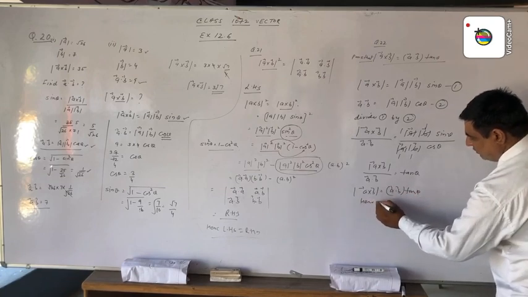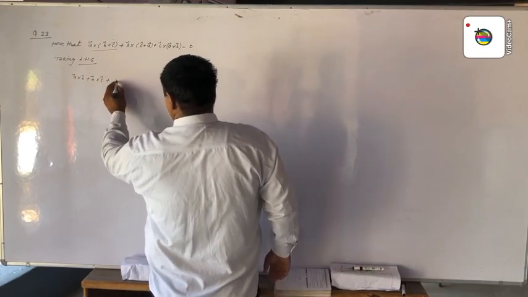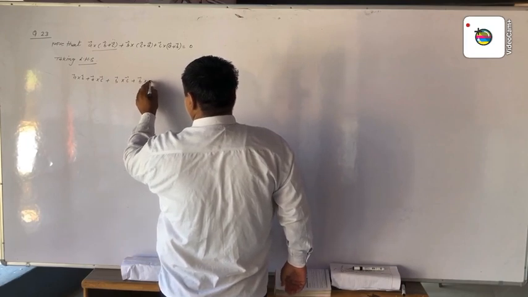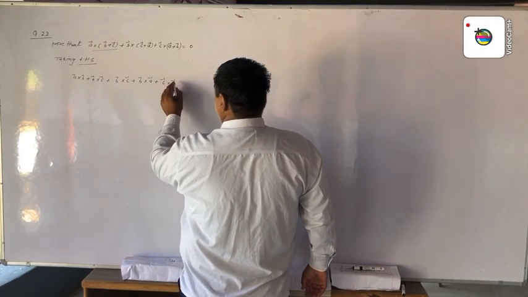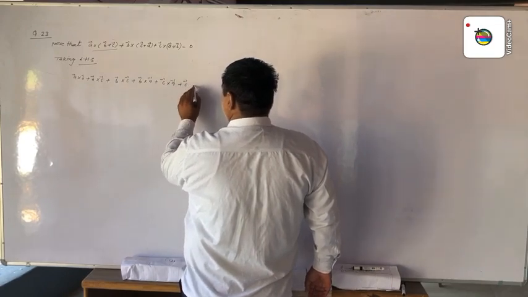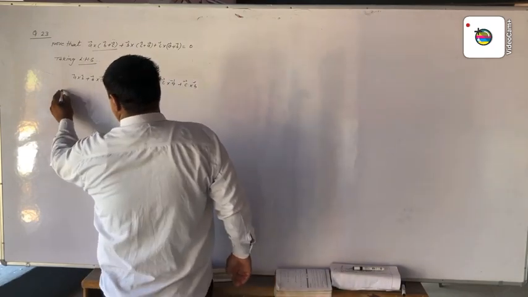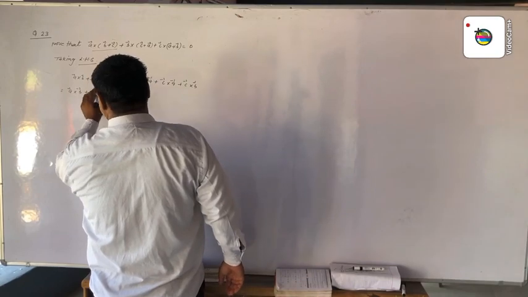Hence, to prove: this is cross vector c plus this multiply this vector b cross vector c plus vector b cross vector a, and this vector c cross vector a plus vector c cross vector b. Now here this is vector a cross vector b, and this is vector a cross c.